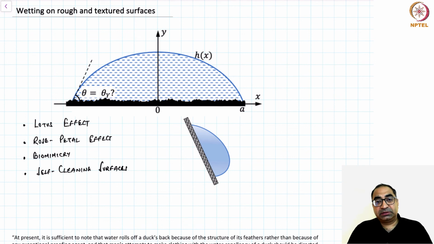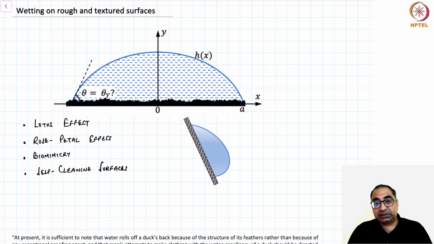We've looked at cases where we have a rough surface, and the rough surface was modeled with idealized textured surfaces. We've looked at 3 different cases. We have the Cassie-Baxter state where we have chemical heterogeneities.